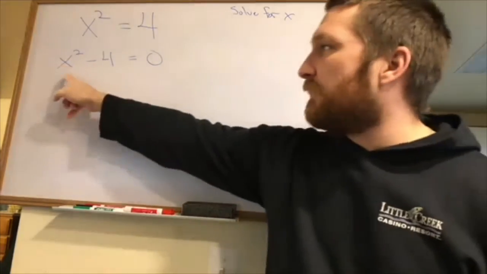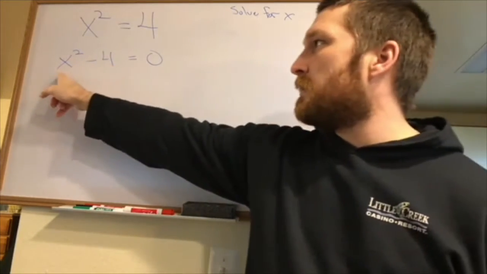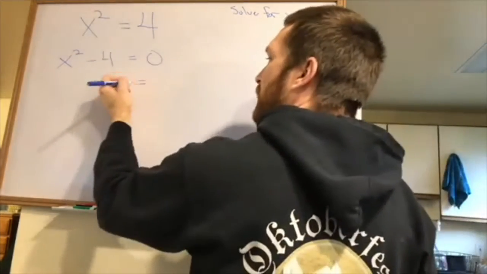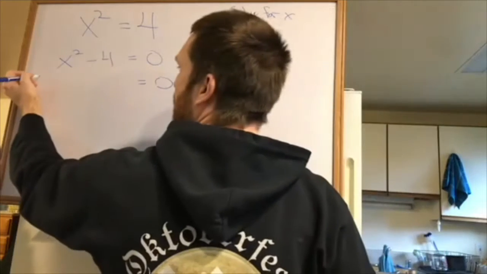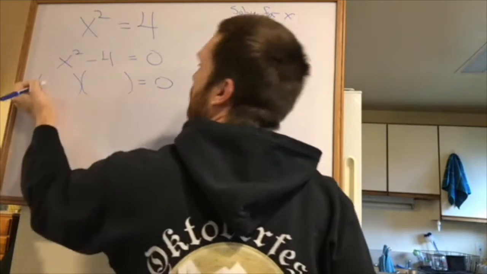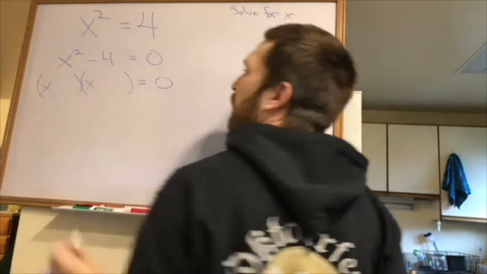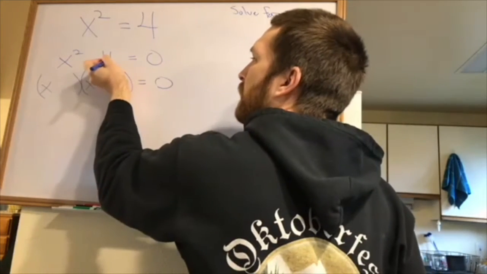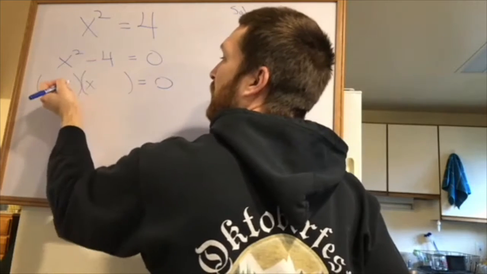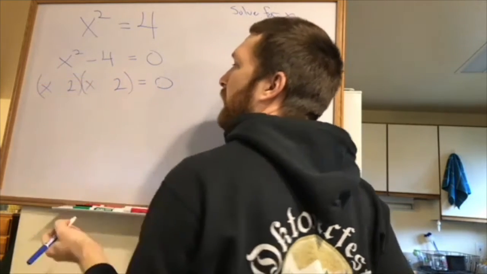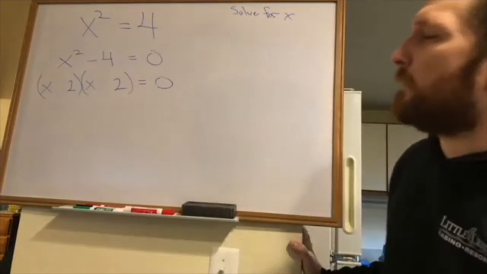This is a difference of squares, right? So you factor this. What do I have? Parentheses and then get your x. Got my x and negative 2. So we're thinking 2's and 2's, something like that. Now what about my signs?